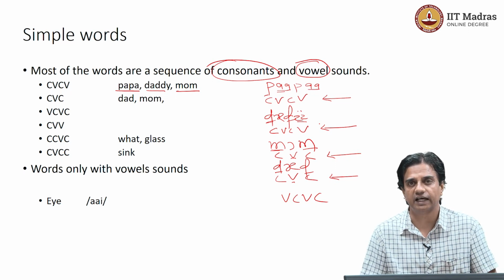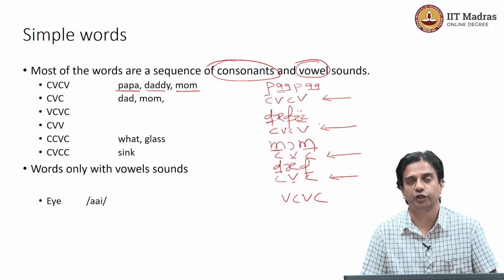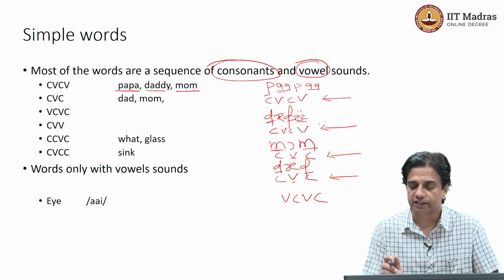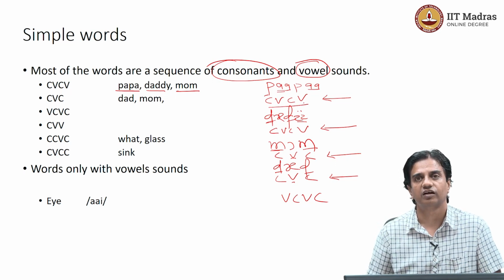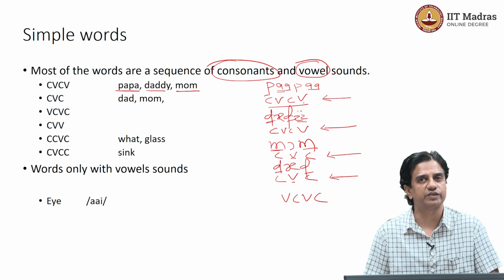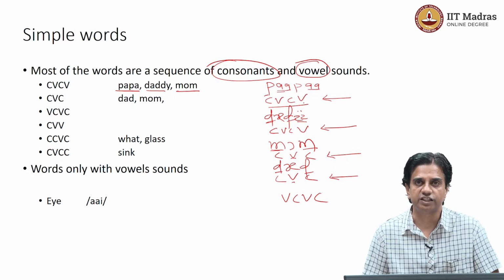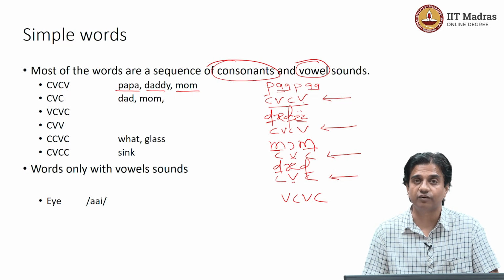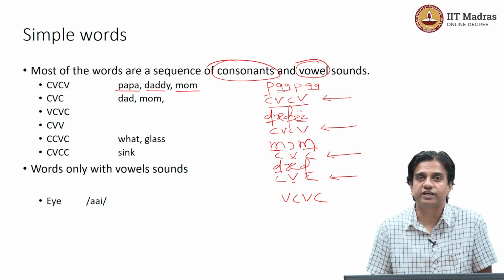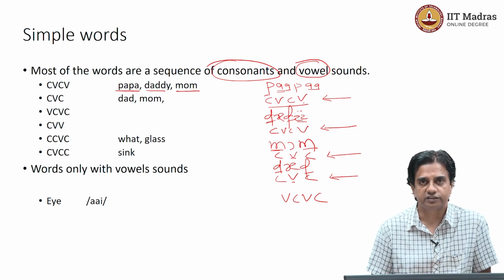Write them down in your notebook, then write the sequence of sounds in your words and observe how many types of sequences you see in terms of consonant and vowel alternations. Also, see if there is a word which comes without a vowel sound. The answer is, you will not find one, but just try for that.